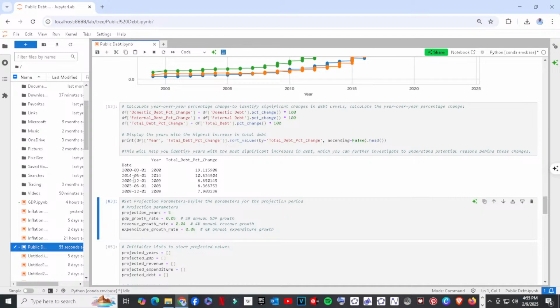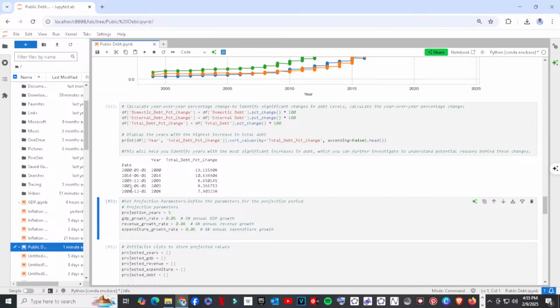It was followed by another high change in total debt, in June 2014, of about 10.635%. The third highest was December 2009, at about 8.7%.